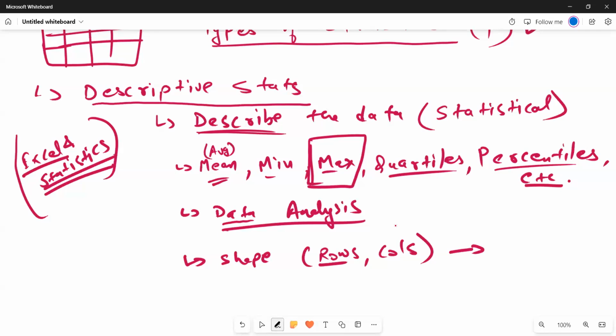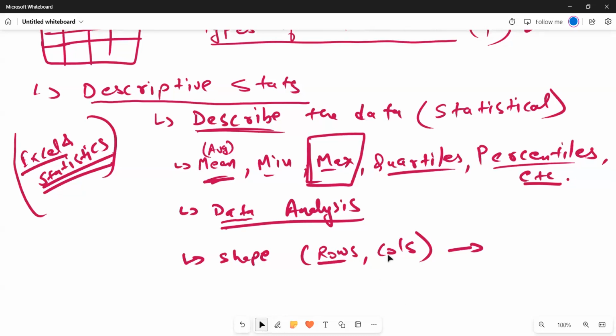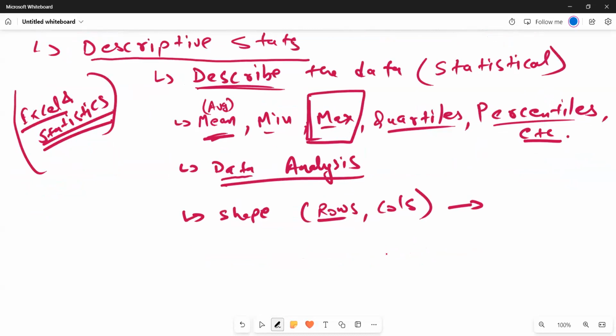So in this way, for any function that you're running on your complete data set, you need to know the amount of memory that will be consumed, right? So this information is also provided. It falls into the category of descriptive statistics.